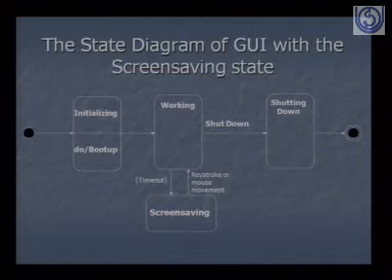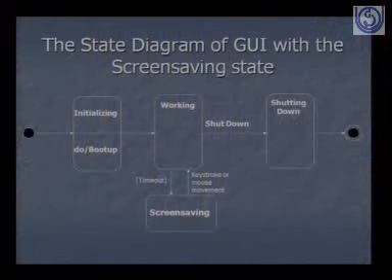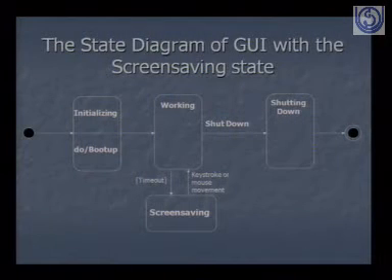After the guard condition is met, the working state shifts to the screen saving state. And once I press the mouse or press a key, once again it regains the previous state, from the screen saving state to the working state. And once the trigger event called the shutdown event is fired, then shutting down happens. So this particular guard condition I can also put with some of the states.